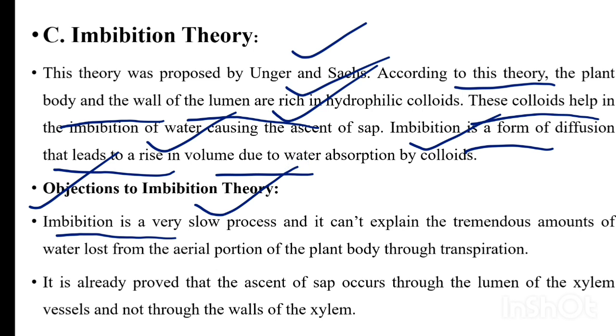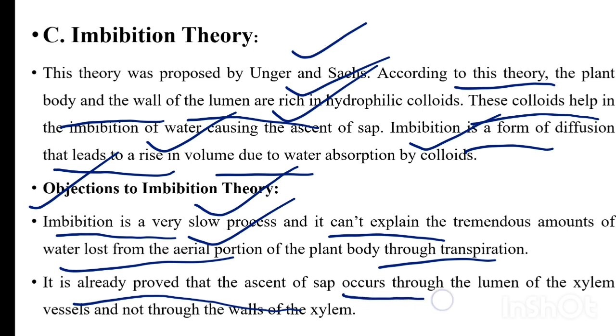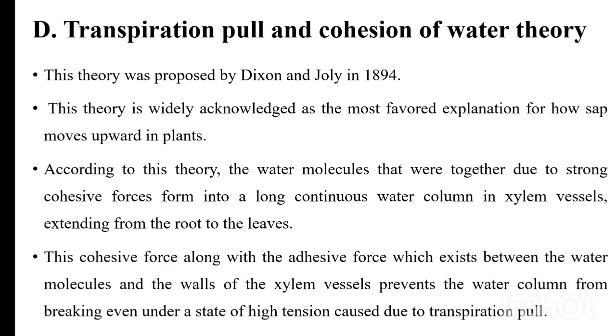Imbibition is a very slow process. It cannot explain the tremendous amounts of water lost from the aerial portion of the plant through transpiration. And it is already proved that ascent of sap occurs through the lumen of xylem vessels, not through the walls of xylem.